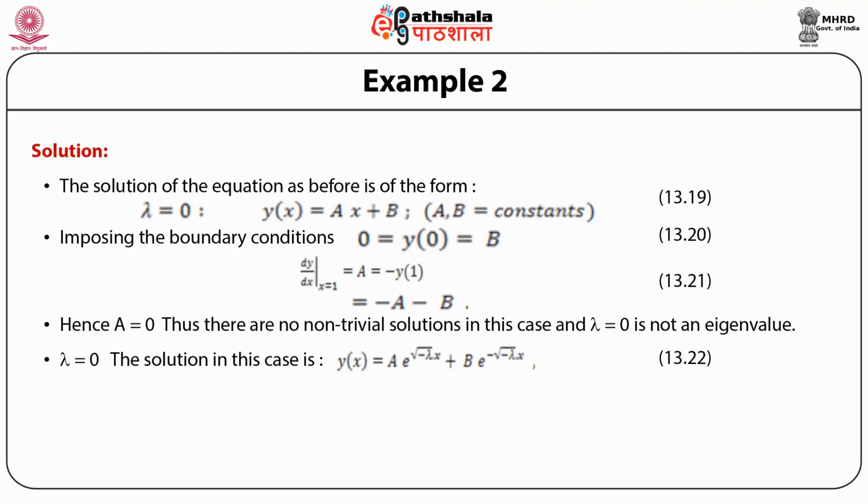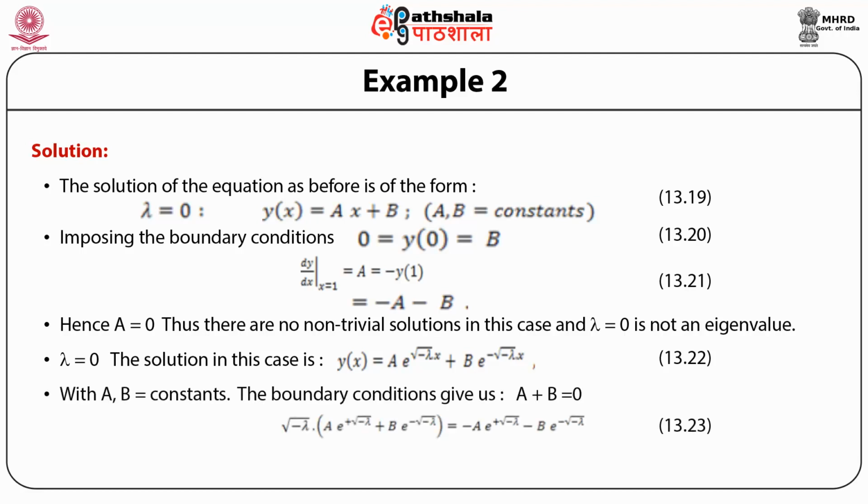Lambda less than 0 is the interesting case where the solution indeed exists. When lambda is less than 0, the solution is y of x is equal to a e to the power under root minus lambda x plus b e to the power minus under root minus lambda x.